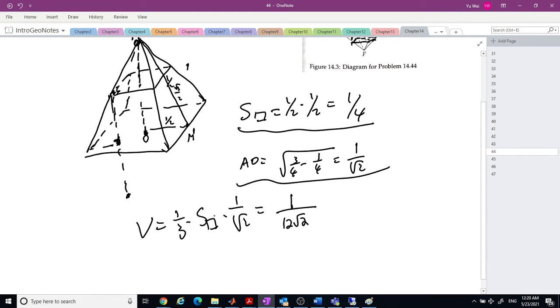Oh, I'm sorry, no 1/3. So that is equal to √2 over 8.